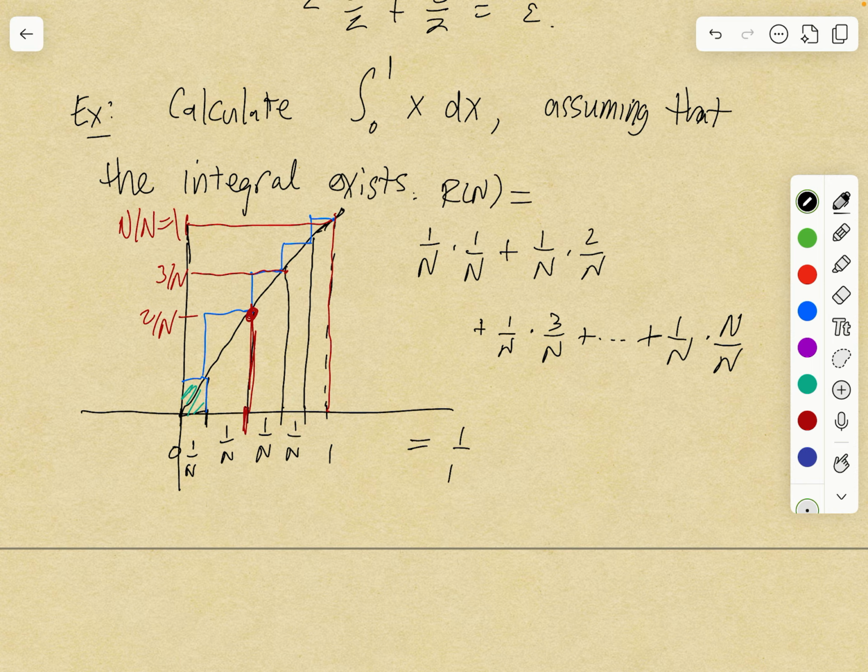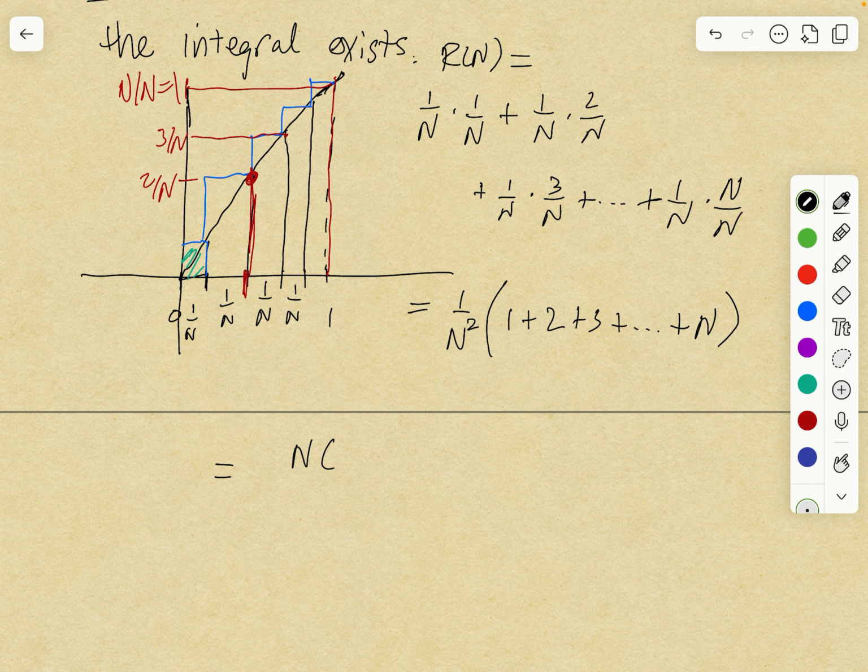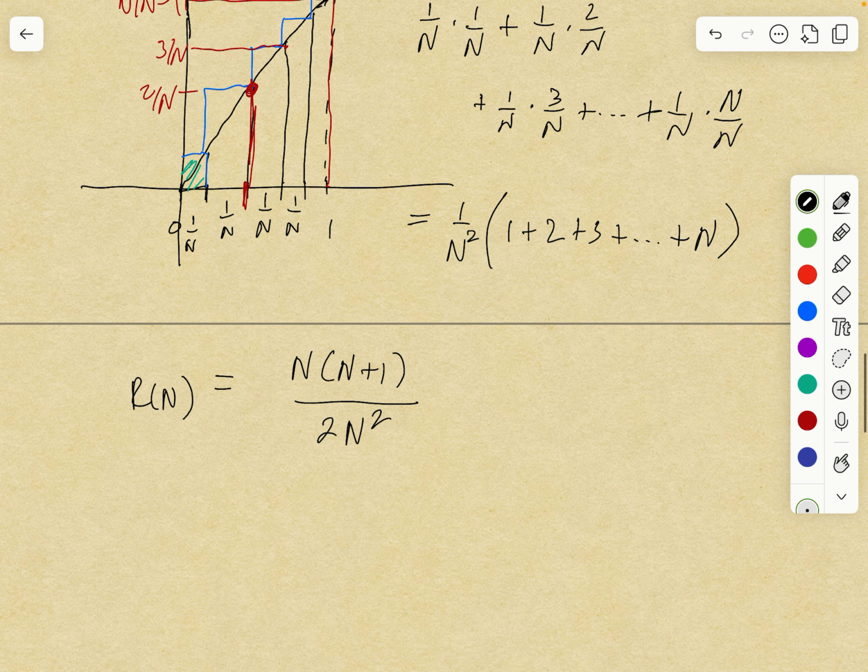And then we can factor out the 1 over n. Actually, you can factor out the 1 over n squared, can't you? So then you're going to get 1 plus 2 plus 3 all the way to n, and that is n times n plus 1 over 2. So n times n plus 1 over 2n squared is R of n. That's n squared plus n over 2n squared.